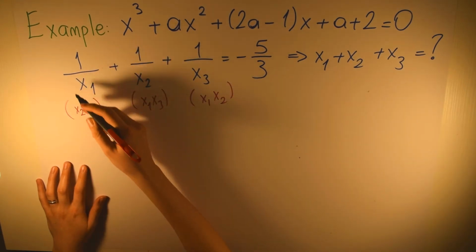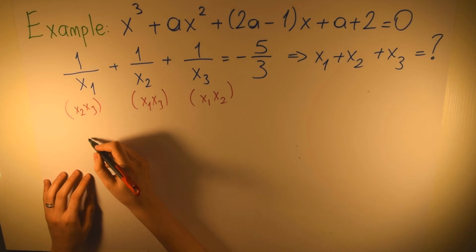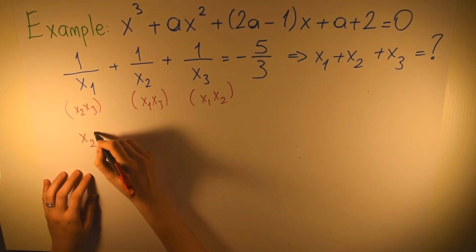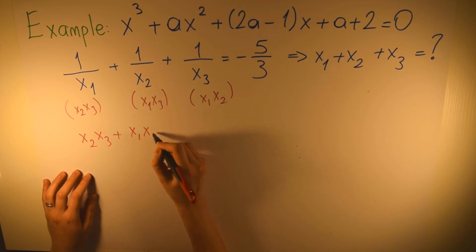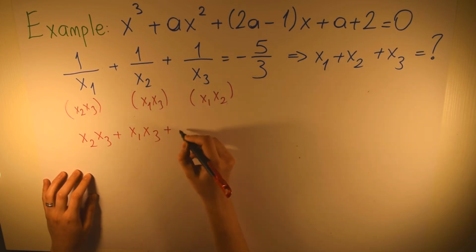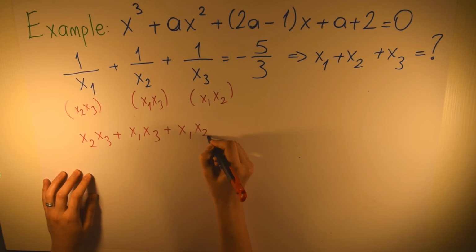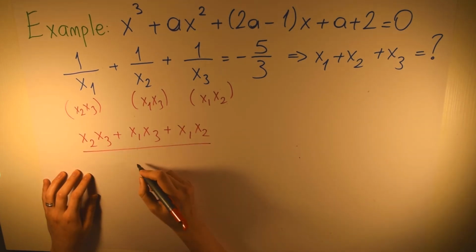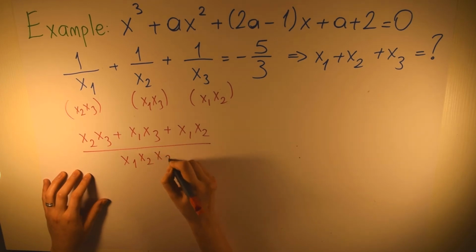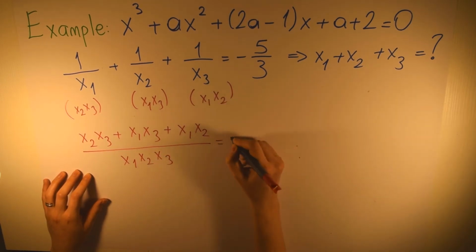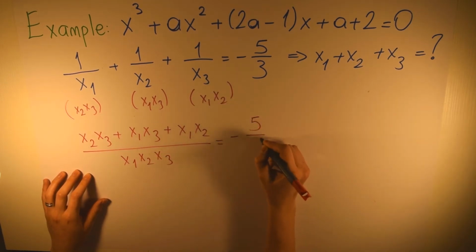So it is x2x3 plus x1x3 plus x1x2, divided by x1 times x2 times x3, which is equal to minus 5 over 3.